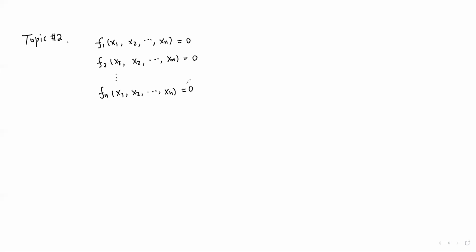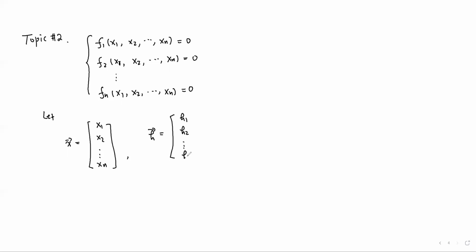Let me introduce some notations first. I let x be the vector of the n unknowns. And h, this vector, h1, h2, hn.